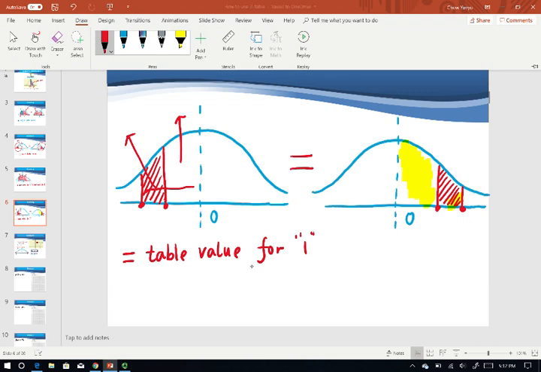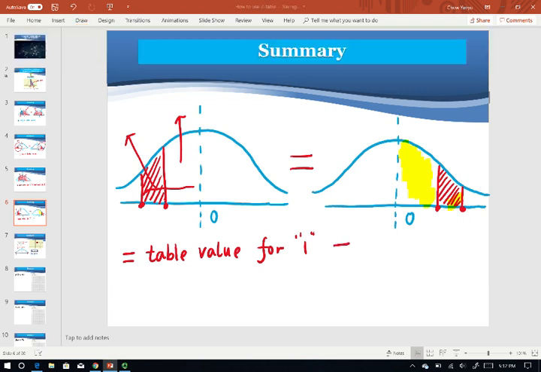So it will be the table value for the first minus the table value for the second one. And remember, you need to use the bigger one minus the smaller one because probability will never be negative.